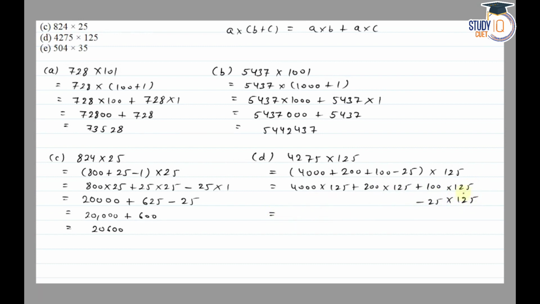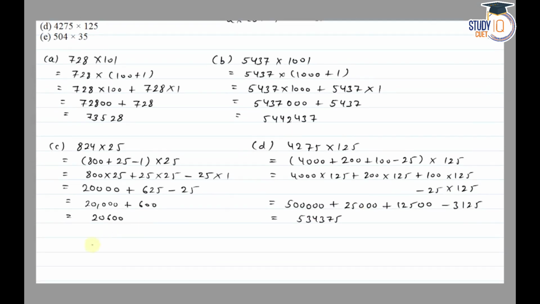So ये हमारे पास 125 4s are 500 then 3 zeros, plus 125 2s are 250 then 20 plus 12500 minus 3125. इसे हम सोल्व कर लेंगे, then we will get 534,375.